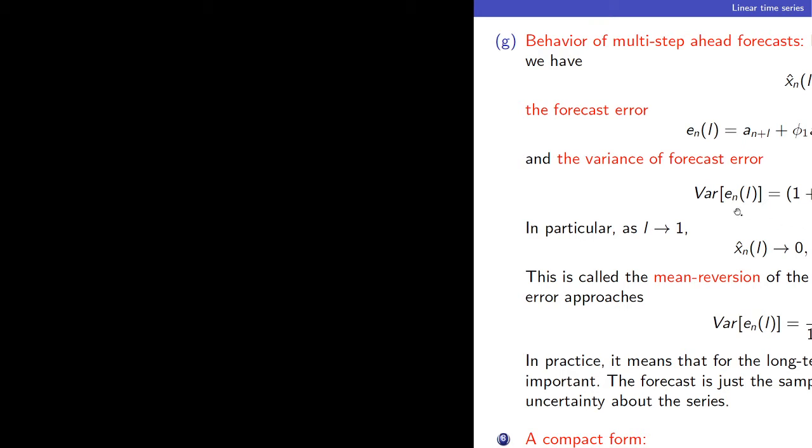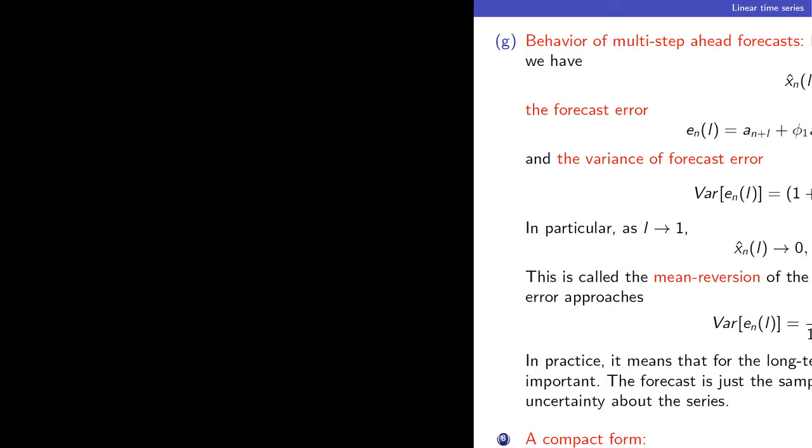Particularly if L tends to infinity, this estimate tends to 0, and so our estimated return goes to the mean. This is called mean reversion. The thing is not only this value converges to its mean, but the variance of this value converges to the variance of r_t.